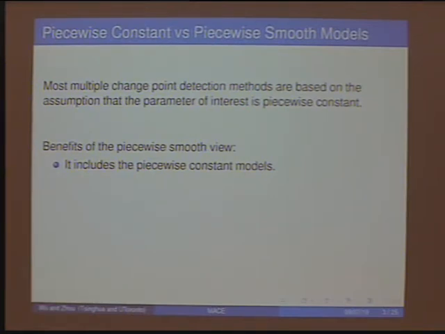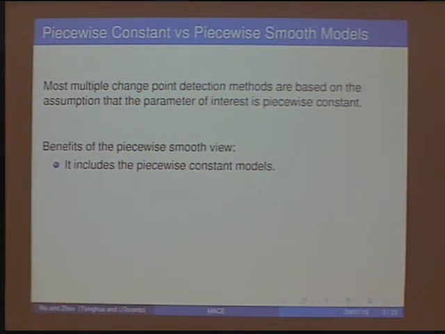That kind of assumption is technically very convenient, because if you have a piecewise constant parameter over time, then it's related to segmentation. You just segment the series into stable or constant periods. That's convenient, but at a high level, it's debatable whether it's suitable for many practical situations.